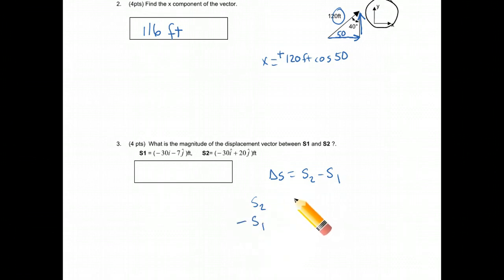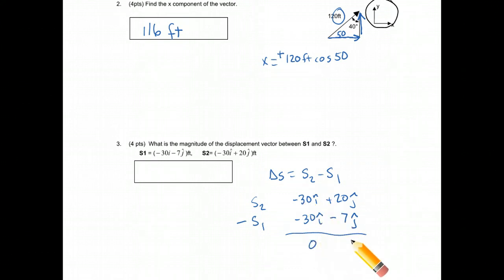Alright, S2 is minus 30 I plus 20 J. S1 is minus 30 I minus 7 J. So we're subtracting. Minus 30 minus a minus 30 is 0, and 20 minus a minus 7 is 27 J. Makes it pretty easy to get the magnitude.